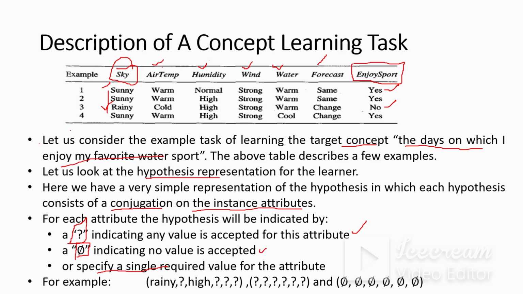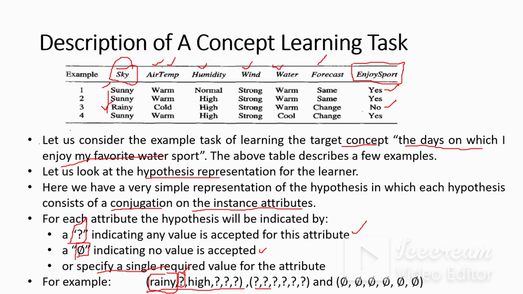So for example, this is a hypothesis where the first attribute is rainy, which is a specific value. The second is a question mark, for the second attribute, air temperature, and this is telling us that the air temperature can be warm or cold and so forth.